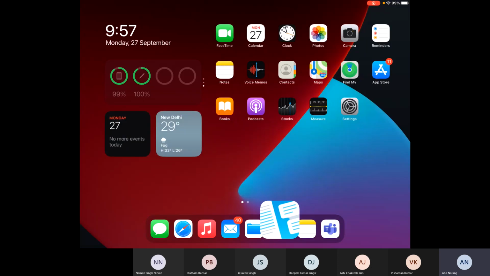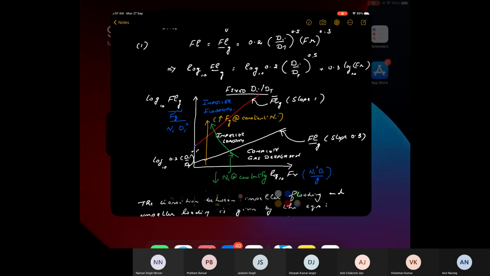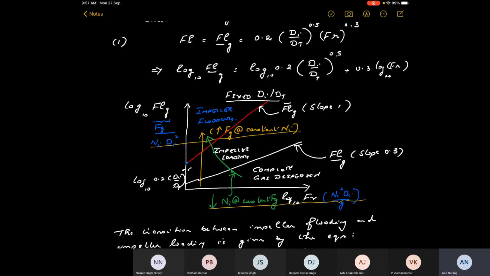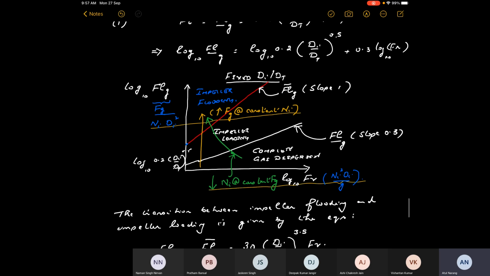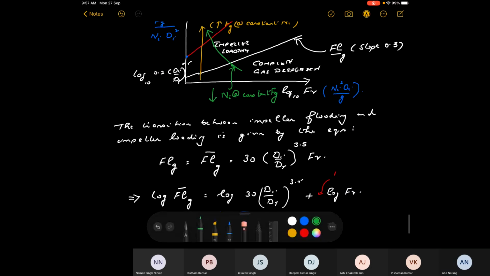So back to your flow number will have shifted essentially to a higher number. So if you were operating somewhere here, it'll end up that you are operating in the left region.